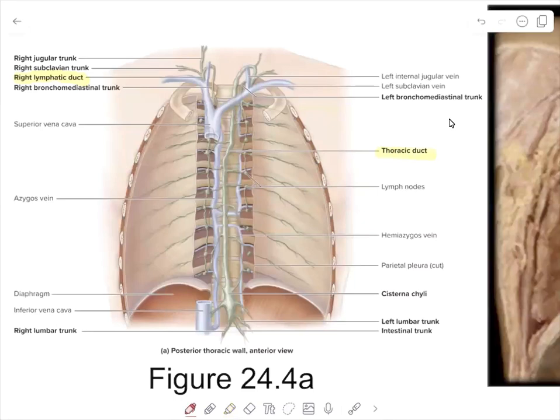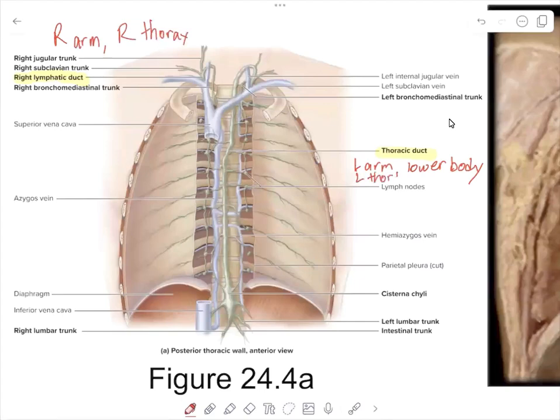One of the big differences here is that the thoracic duct returns lymph into circulation from the left arm and the left thorax, as well as the lower body. The right lymphatic duct returns lymph from the right arm and the right thorax to circulation.